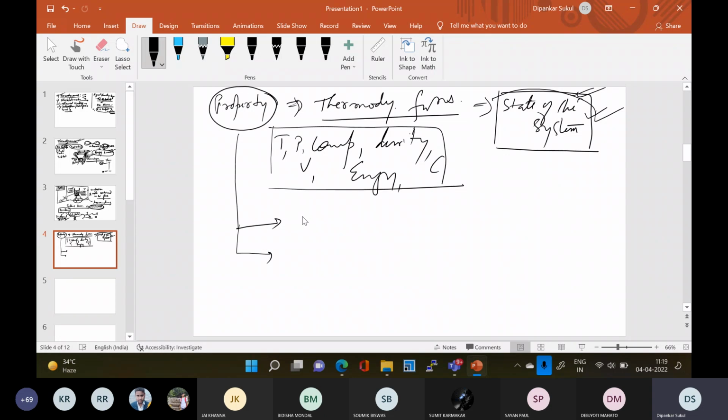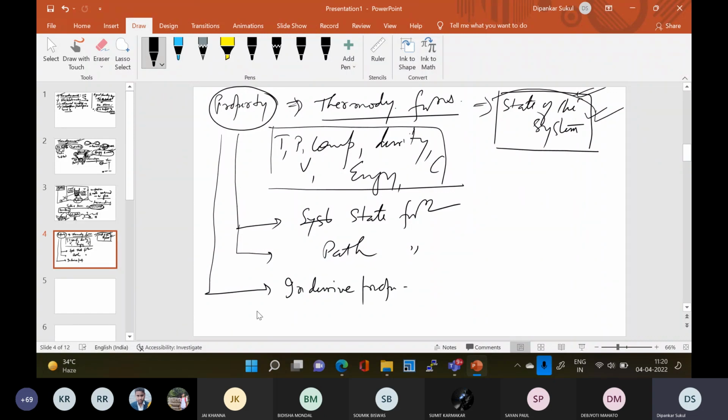Property may be a state function. It may be a path function. In another term, property can be defined by intensive property and extensive property.